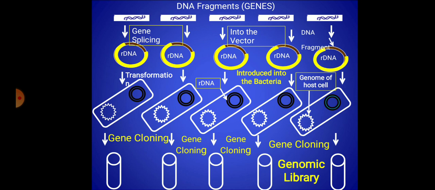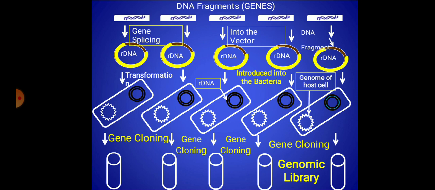By insertion of the selected DNA fragment into the plasmid, we have created recombinant DNA. rDNA is the plasmid having a selected DNA fragment from some other source.